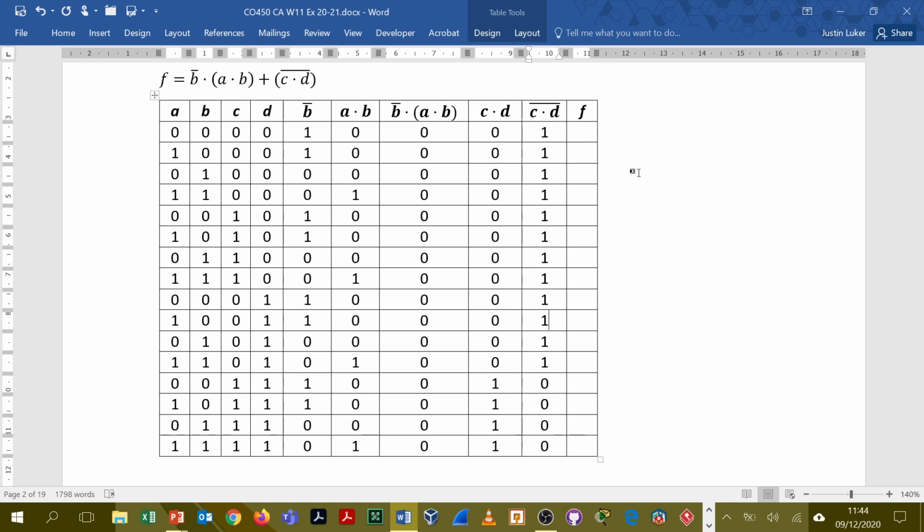Okay, now finally we can bring it together. So not C and D, and sorry, OR. So we're ORing this one, not B and C, A and B, with the output of not C and D. With an OR, we only need one of those outputs to be 1 to get a 1 output.